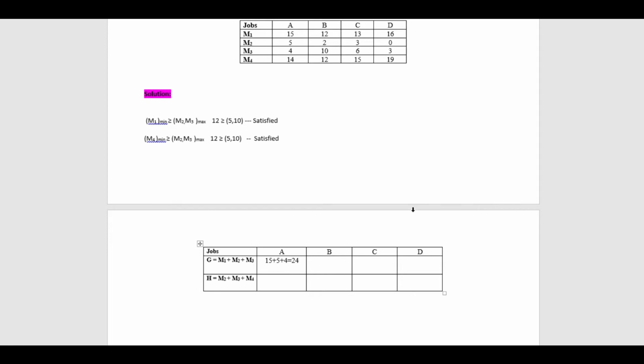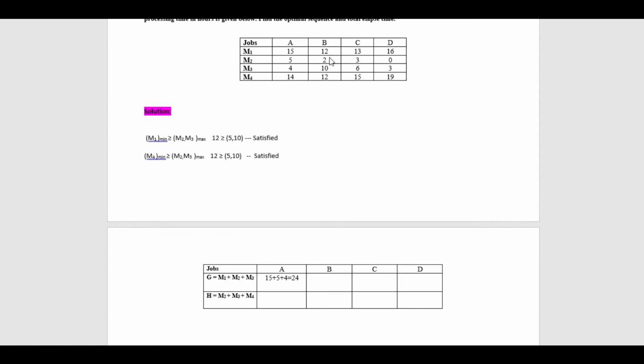For job B we add 12, 2 and 10, so this becomes 24. For job C add 13, 3 and 6, so this becomes 22. And for job D add 0, 16 and 3, which becomes 19.